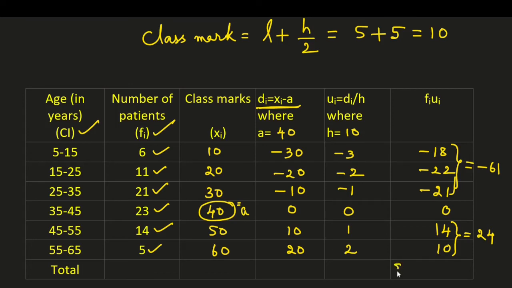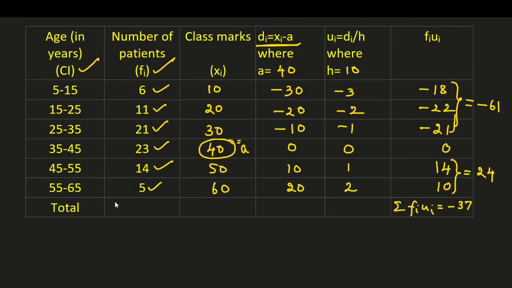So sigma fi ui is equal to minus 61 plus 24. We get minus 37 here.